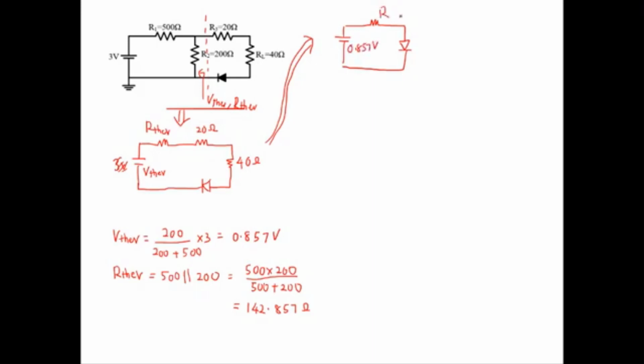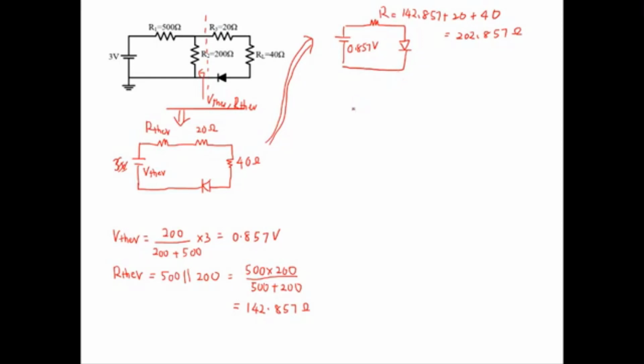This is the new R, and the new R is 142.857 plus 20 plus 40. So the answer is 202.857 ohm. Okay, so you get this one. So this is a much more familiar circuit.